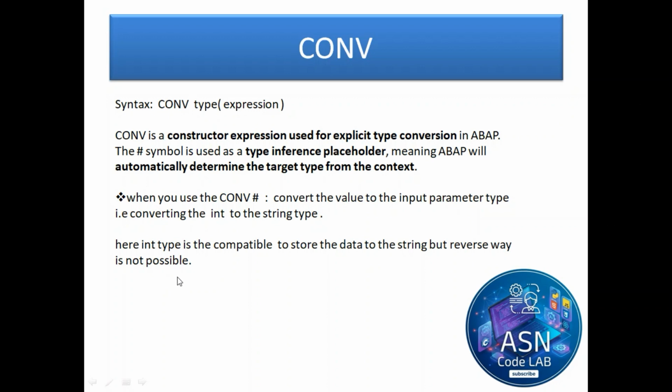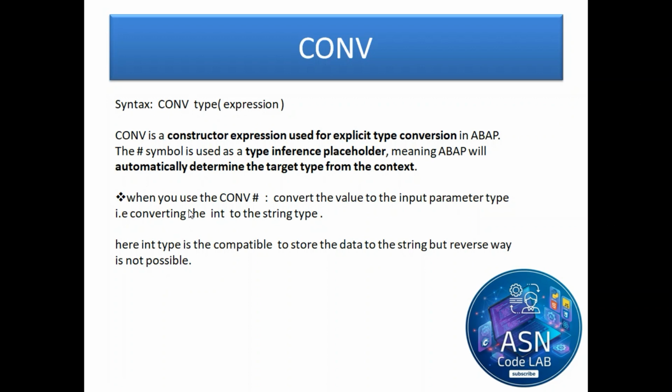Your 1 2 3 or any other numbers can be passed into a string type, but a sentence like "this is a test data" cannot be converted into an integer type. So that's all about the CONV.